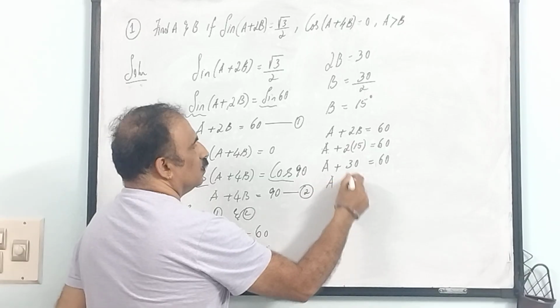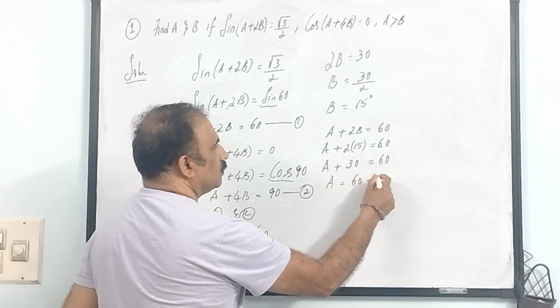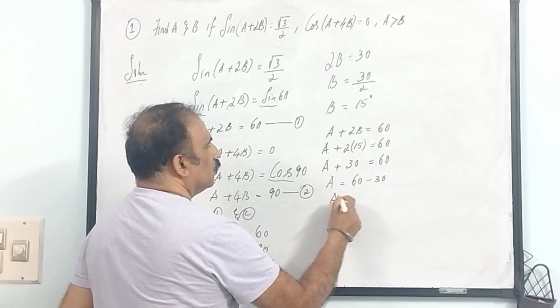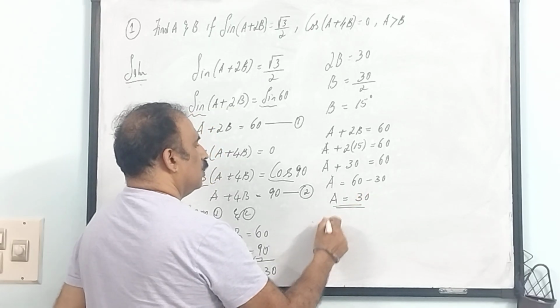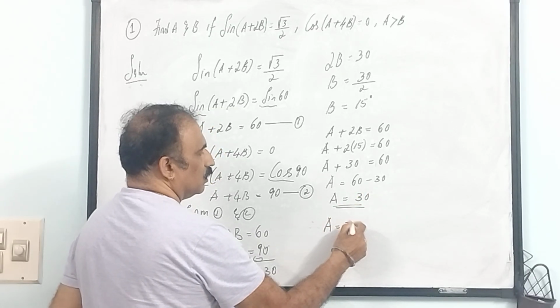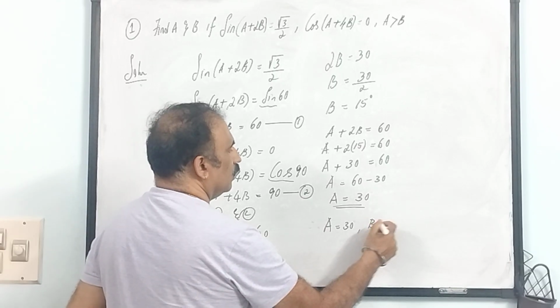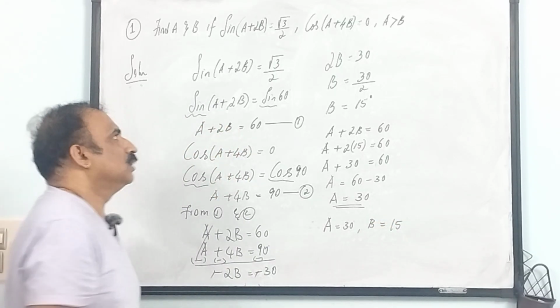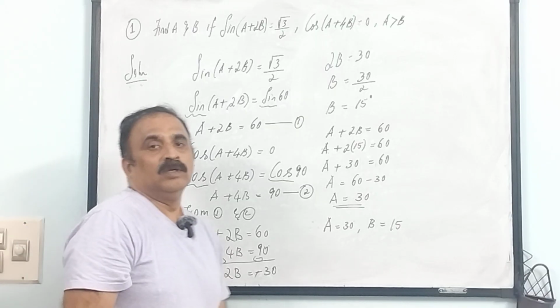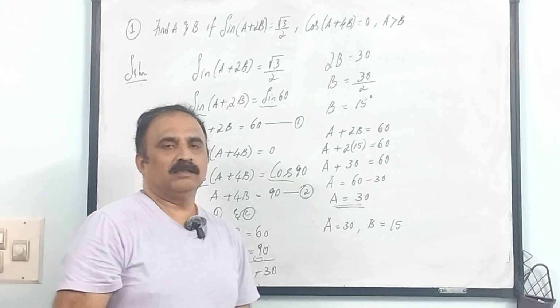So A is equal to, shifting that, 60 minus 30. A value is going to be equal to 30 degrees. Therefore, acute angle A is equal to 30 degrees and acute angle B is equal to 15 degrees. This is the consideration which is taken up. We will look into the next problem.